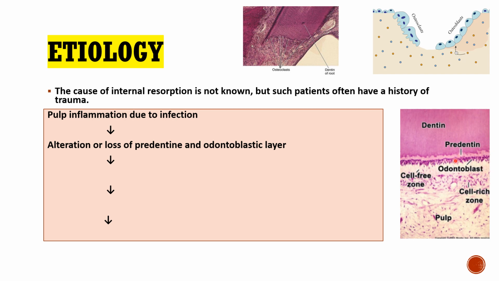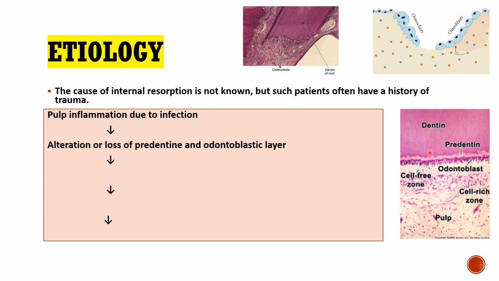Now it is said that the mineralized tissue of the teeth is protected in the pulp cavity by these two layers, that is your predentine and the odontoblastic layer. If these layers are damaged, or altered, or lost, then the osteoclastic cells will go and colonize the root surface, and because of that the resorption will occur.